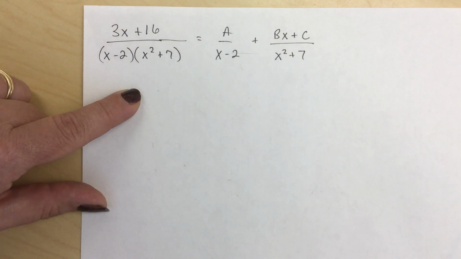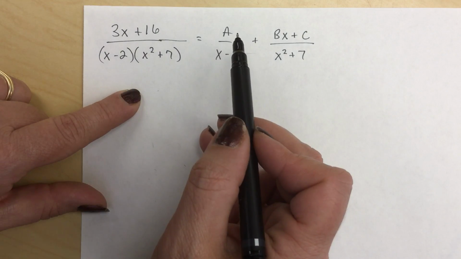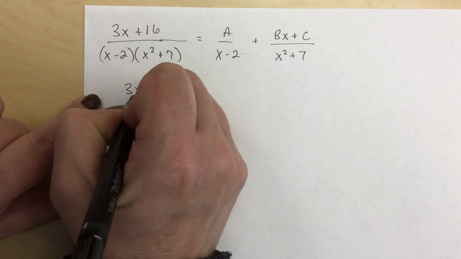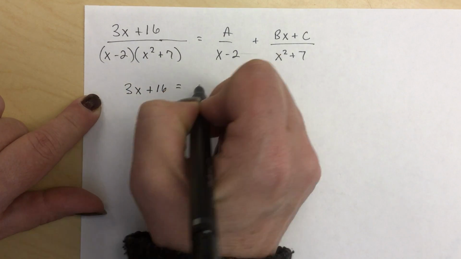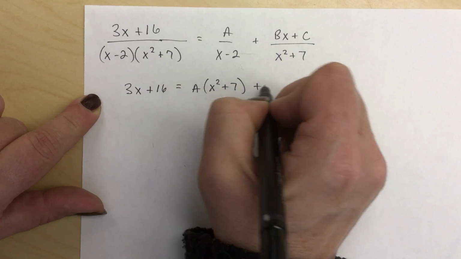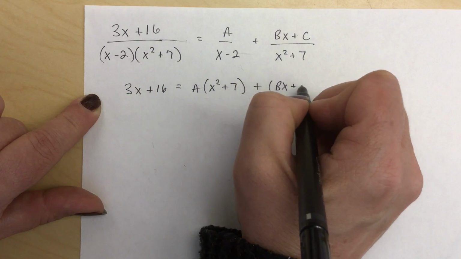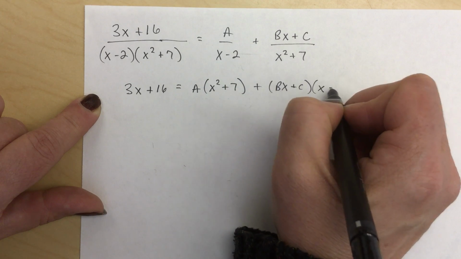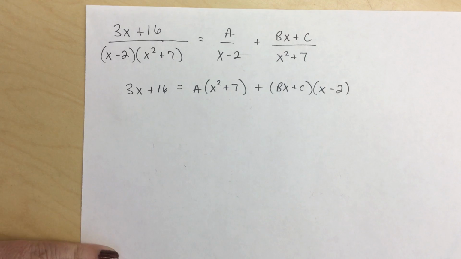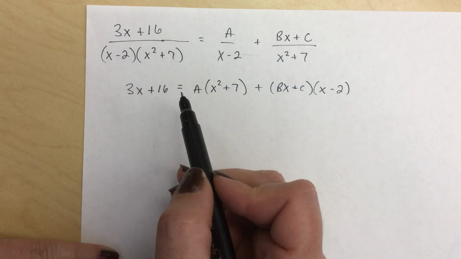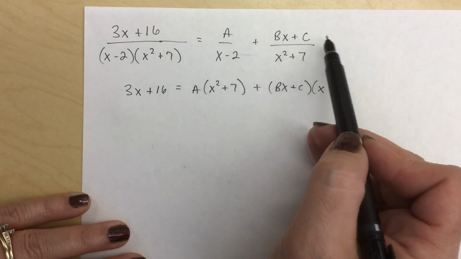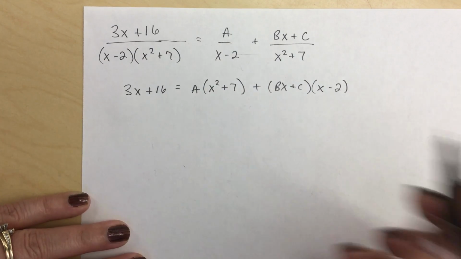It would be awesome. Okay, so now we're going to multiply everything by this denominator. So that's going to give me 3x plus 16 equals a times x squared plus 7 plus bx plus c times x minus 2. It's kind of nice because I only have two factors in my denominator, so I've got to just take a times that factor and bx plus c times the other factor.